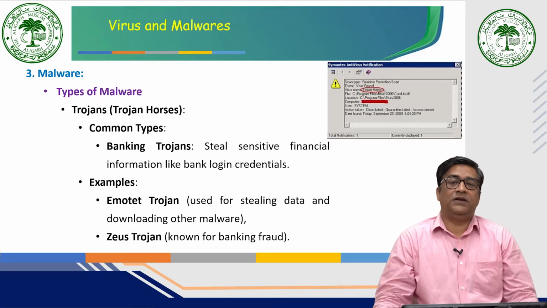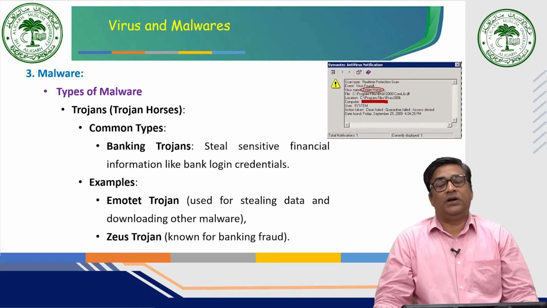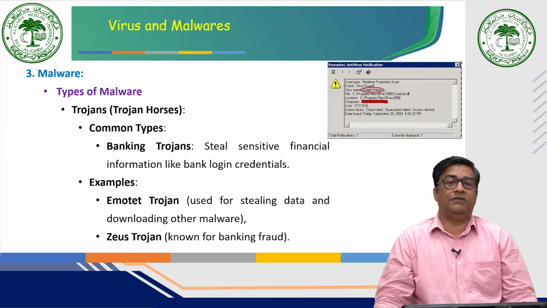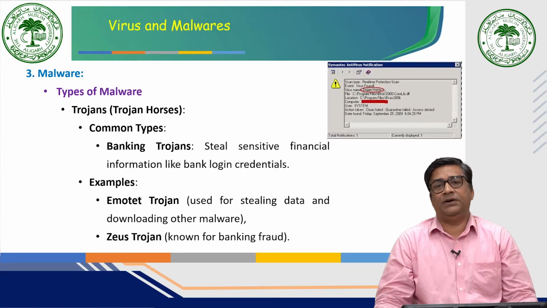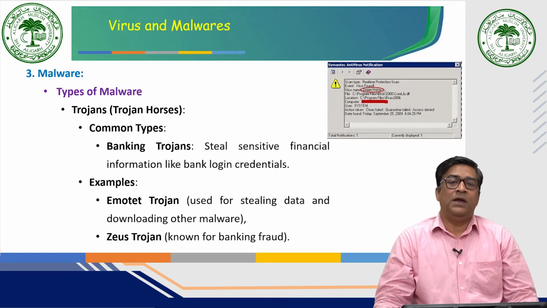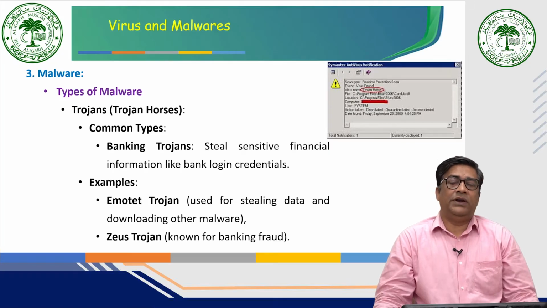Stealthily, they infiltrate systems to steal sensitive financial information such as bank login credentials, credit card numbers, and personal identification information. These Trojans often employ techniques like keylogging, form grabbing, or man-in-the-browser attacks to capture the data during transactions.